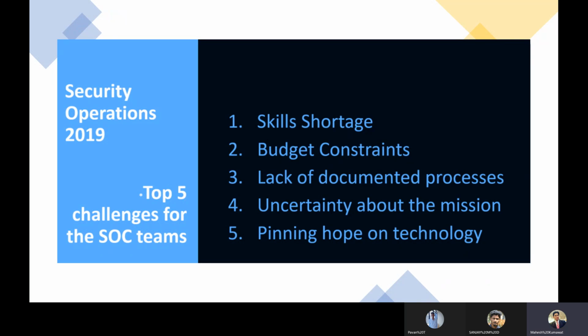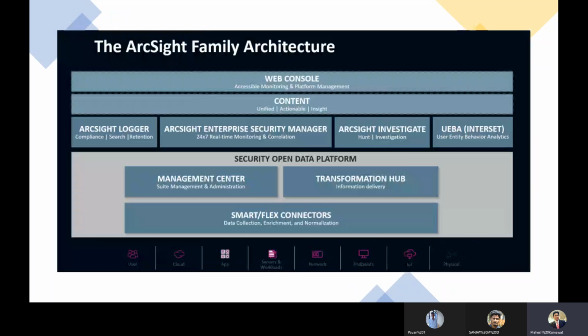Okay, then the ArcSight family architecture. ArcSight is basically from HP. You may be working on QRadar, somebody will work on Splunk, and somebody on Cisco AlienVault. Then first of all, we have the web console for monitoring, management, and portfolio management.